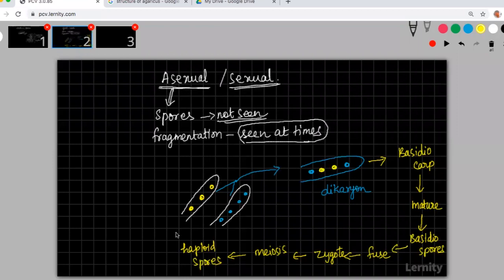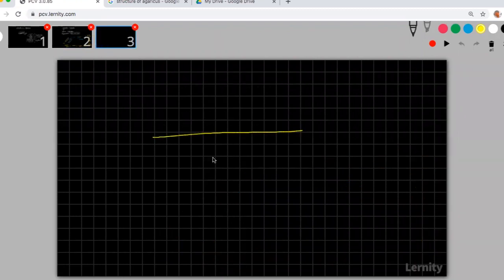So basically there are two events happening in this cycle. One is happening underneath the ground and one is happening above the ground. Under the ground, there are two varieties.